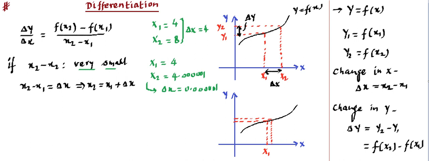So the next term that we are using here is x1 plus delta x. Making sense? Now if we want to, we can drop the subscript from this x1, so we can say this is the x point, then the next point is x plus delta x, right?